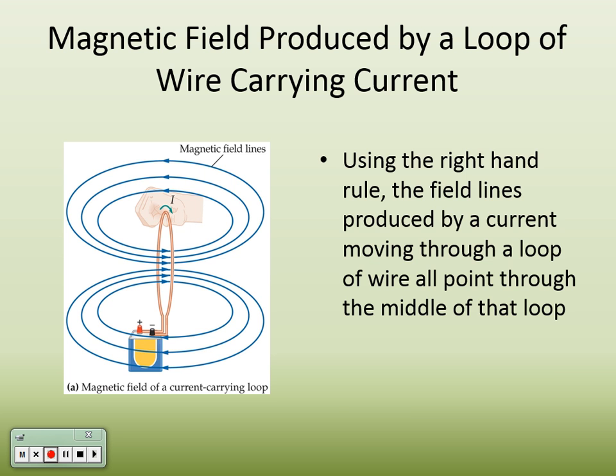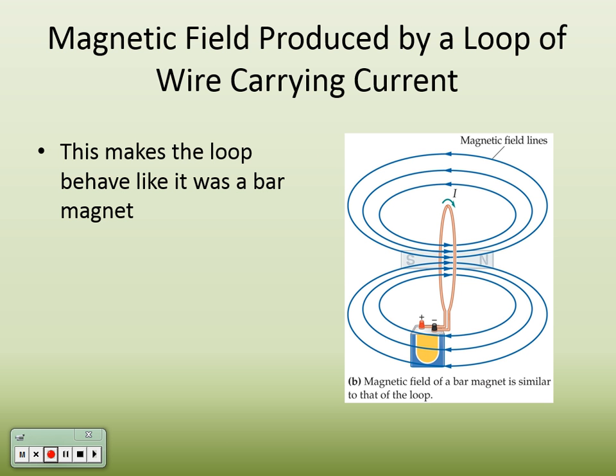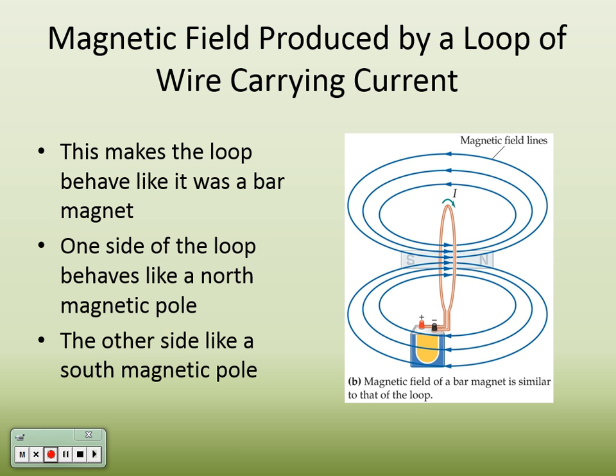And this makes our loop of wire behave just like a bar magnet, where one side of it acts like the north pole of a magnet, and one side of it acts like the south pole. You can see from the picture, there is no magnet actually there. It's kind of like a ghostly image, but that's what it behaves like. One side of the loop behaves like the north magnetic pole, one side behaves like the south magnetic pole.